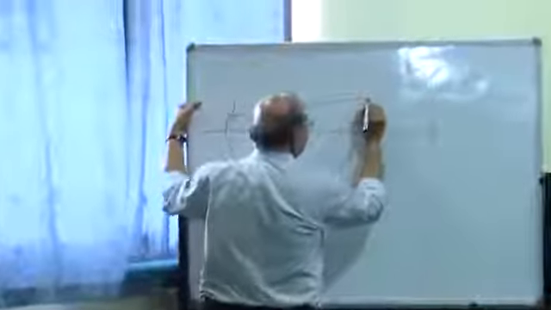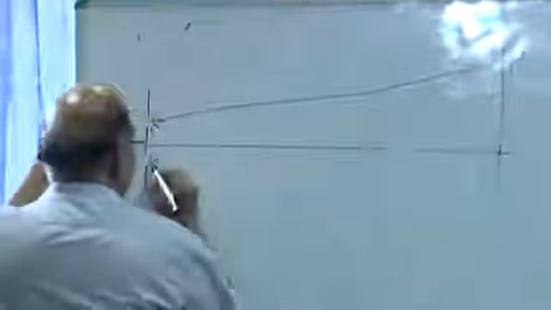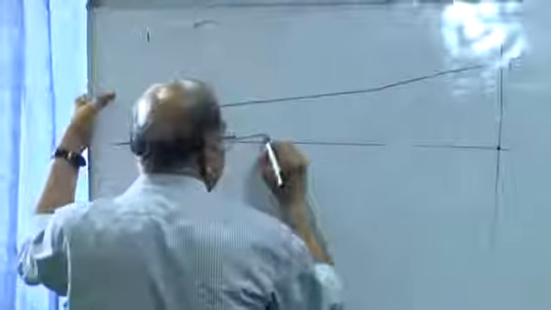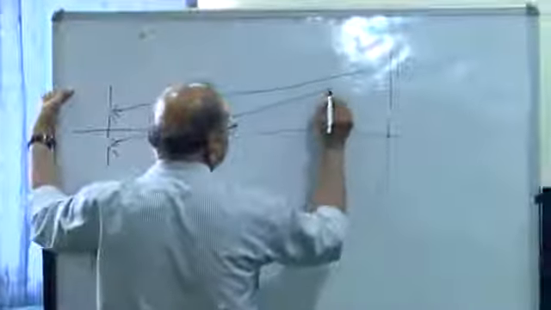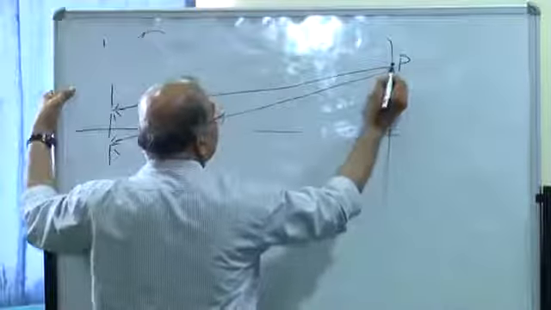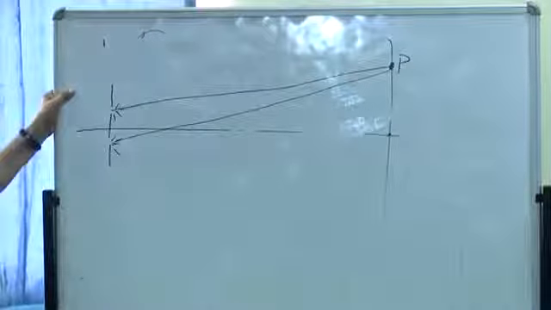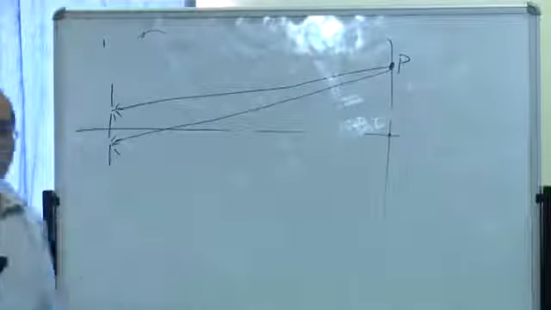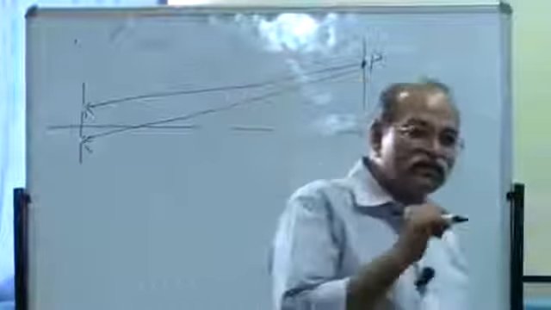So from here this particular light wave will be picked up, and from here this particular light wave will be picked up, and these two electric fields will be there. Why is it very difficult to draw straight lines on this board?